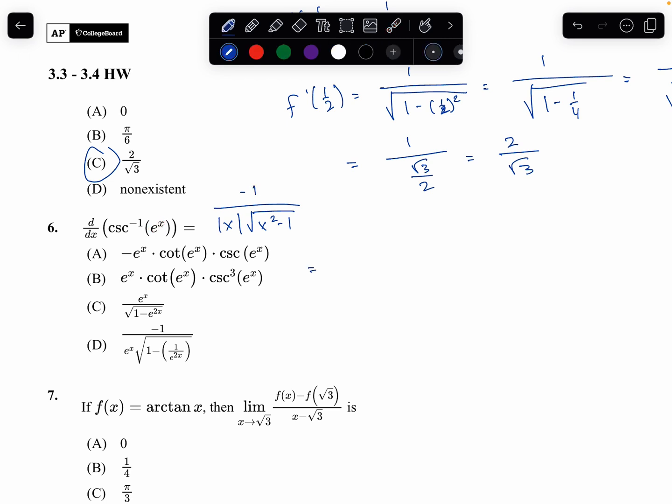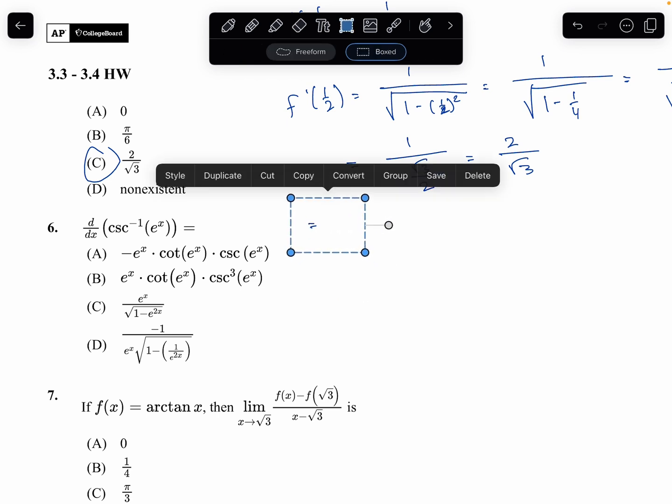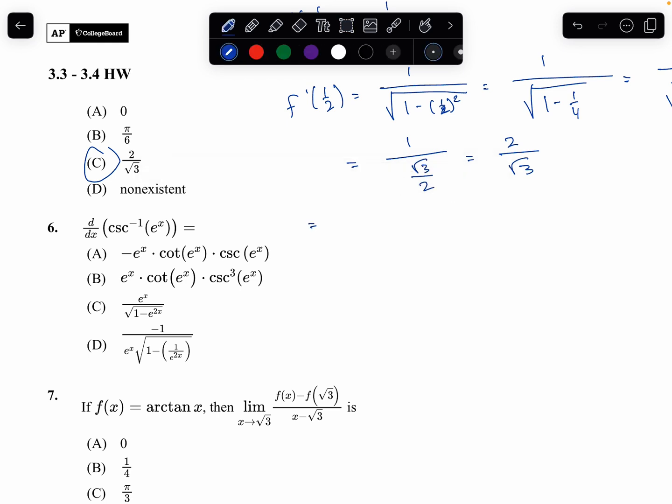So I know my derivative. The derivative is going to be equal to negative e to the x, because that's the derivative of the inside, over the absolute value of e to the x times the square root of e to the x squared minus 1.